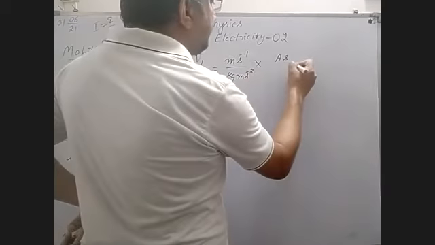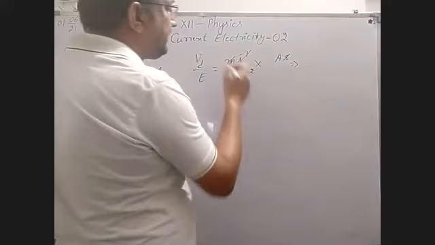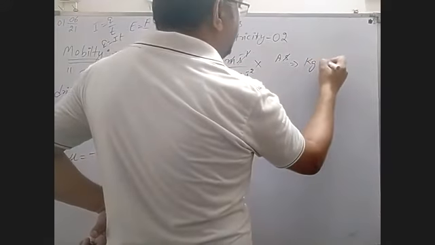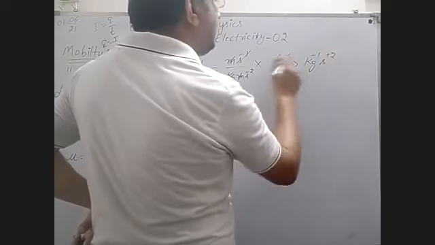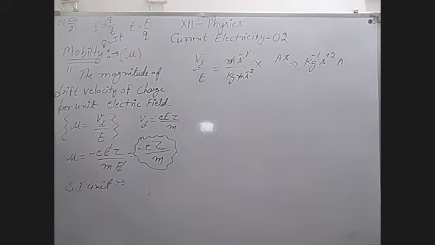Now solve it. Second and second cancel, meter and meter cancel, and the left thing is kilogram^-1 second^3 ampere. So in this way you can write the unit of mobility of electron.